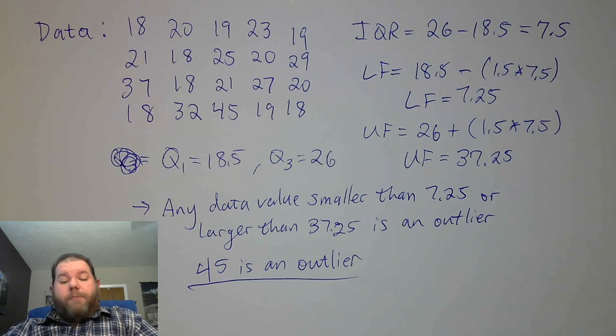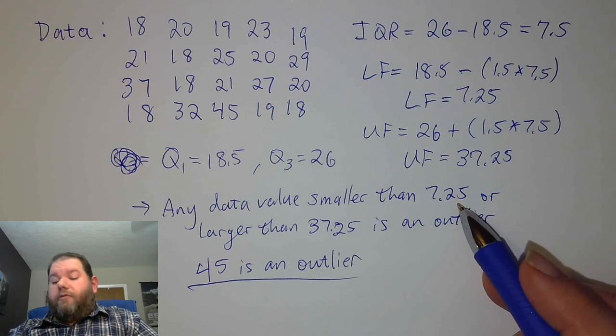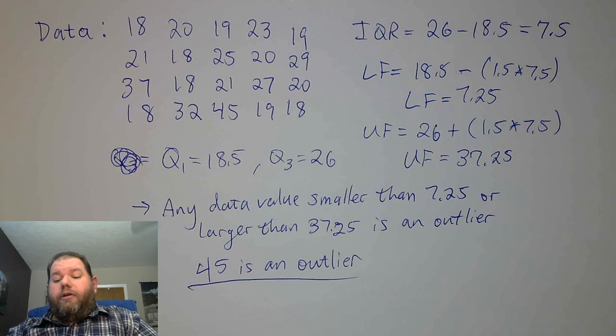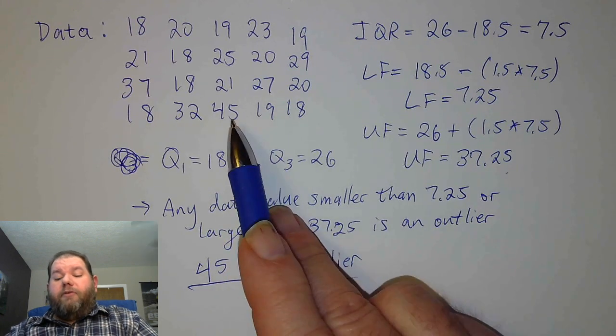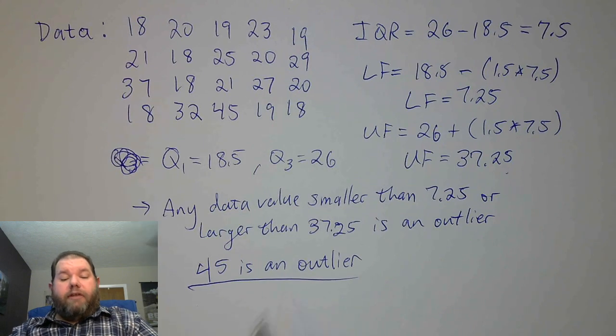Now, our smallest data value is 18, and none of those are smaller than 7.25, so we know we're good there on the lower end. But on the upper end of things, our upper fence is 37.25. That means we have one number that's larger than that, 45, which is definitely an outlier in that case. Okay.